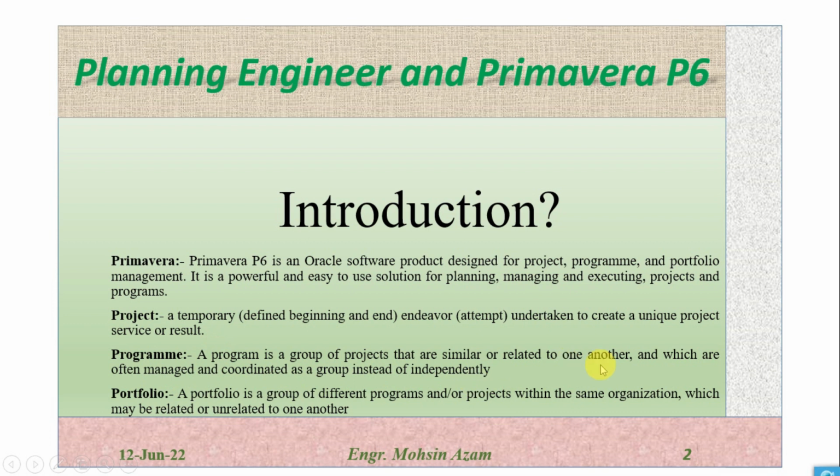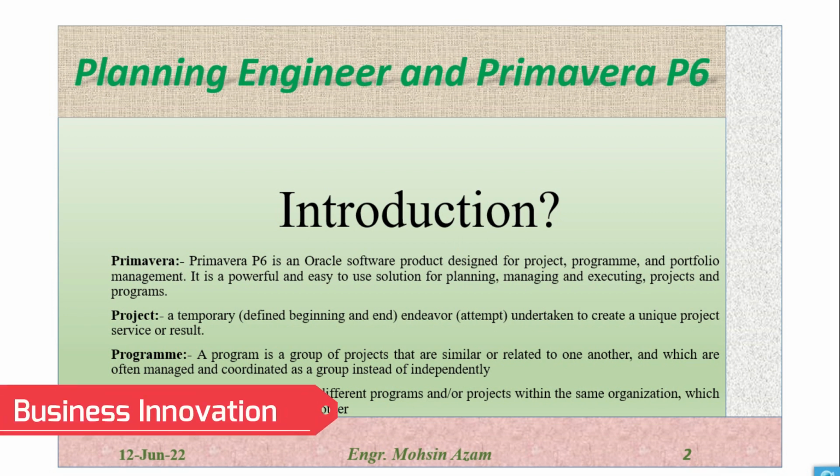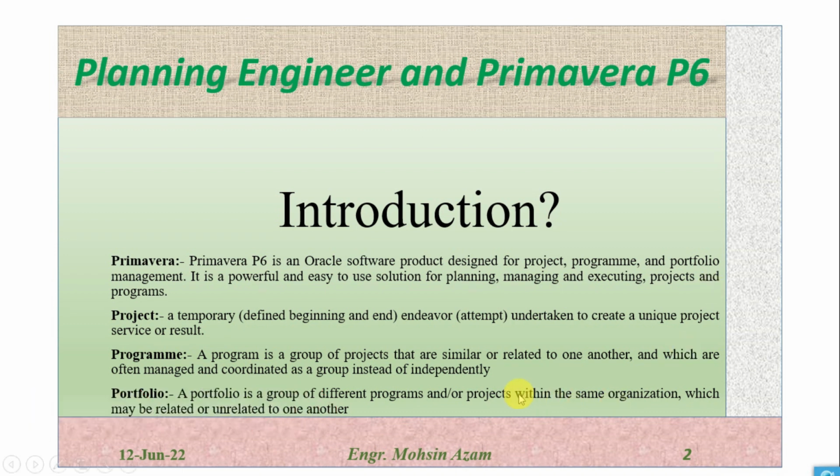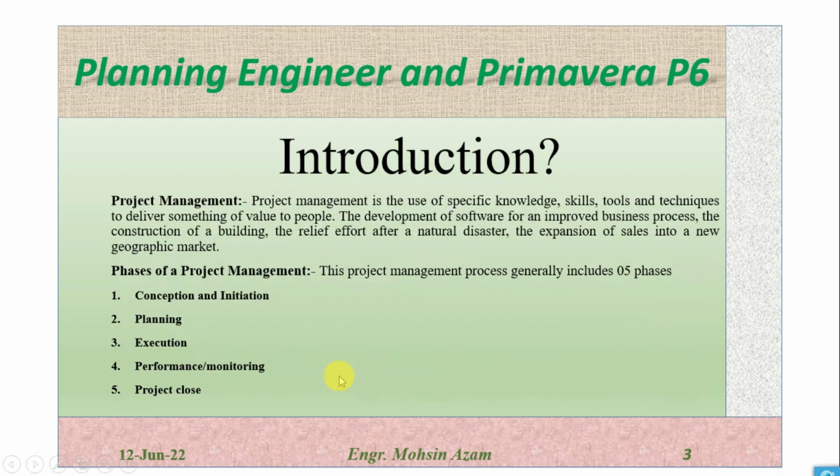Portfolio is actually the combination of projects and programs, but in the case of portfolio, the projects need not be similar. So different programs and projects together will create a portfolio, but this will be within an organization. So all the projects and programs within an organization will be called a portfolio.